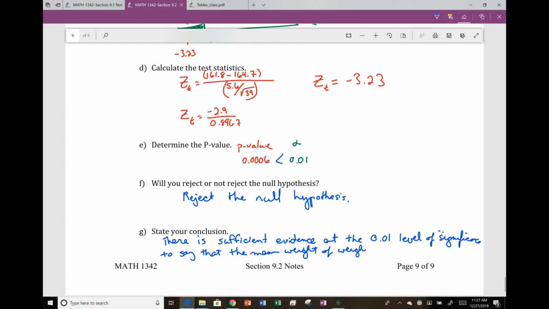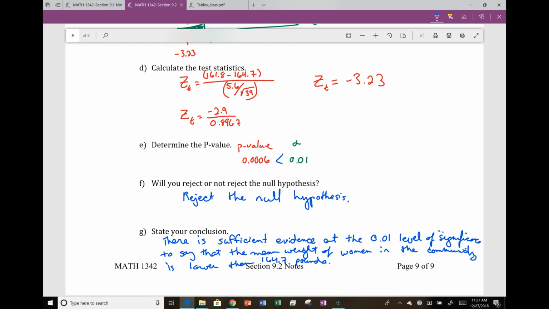It might help if I actually put women instead of weight there.